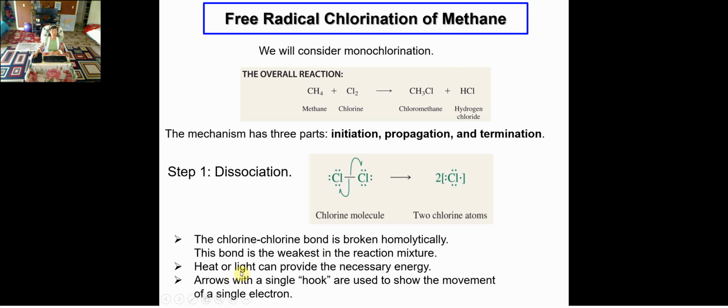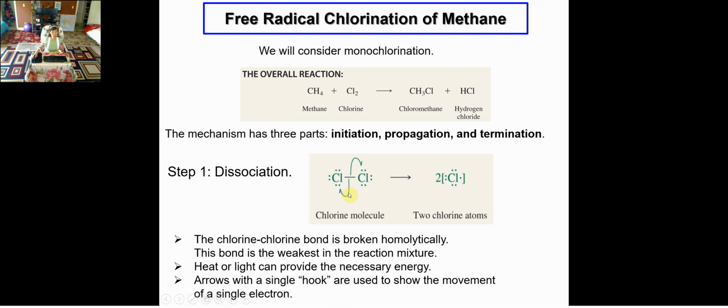And then you use heat or light. Normally we use the light. The light or heat can provide sufficient energy for the bond cleavage of your chlorine to produce chlorine atoms. And then you use the single-hooked arrow to show the electron movement.